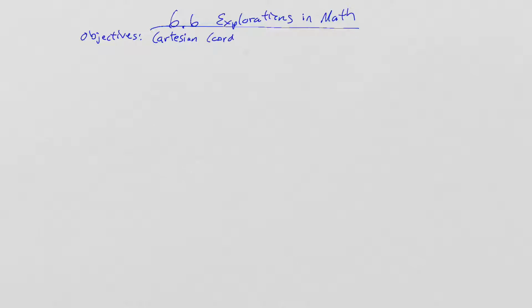So this is 6.6. And we're going to go over the Cartesian coordinate system. We're going to do plotting points.